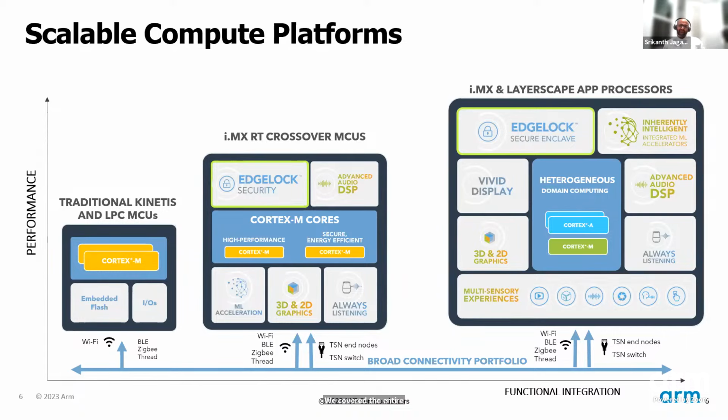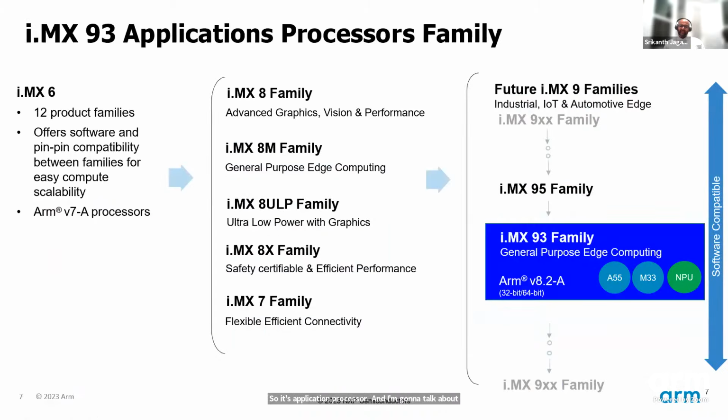And in between, we do have something called RT, which is a crossover between the MCU and the MPU. Today's presentation, i.MX 93, is a microprocessing unit, so it's an application processor.